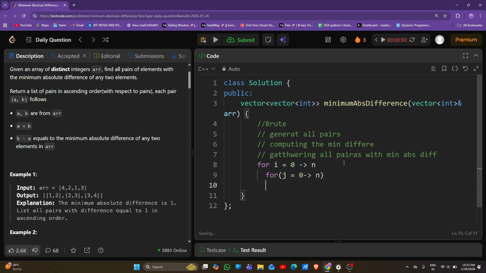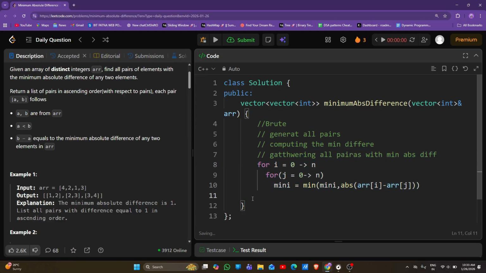This will be the loop condition, and then we will gather the minimum difference, like mini equal to minimum of mini and the absolute of array of i minus array of j. So this calculates the minimum difference.